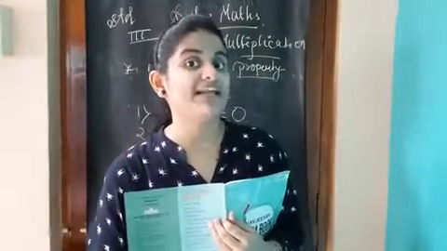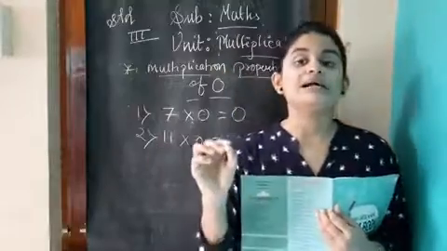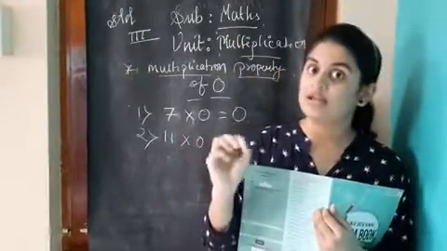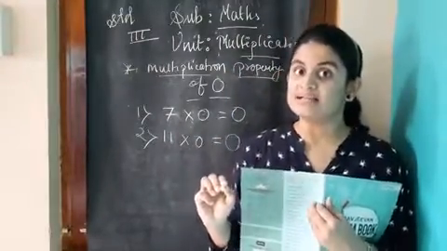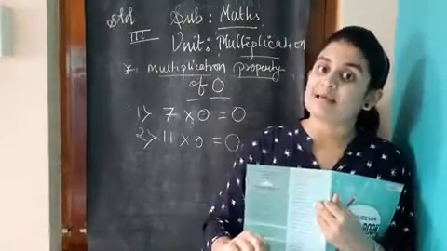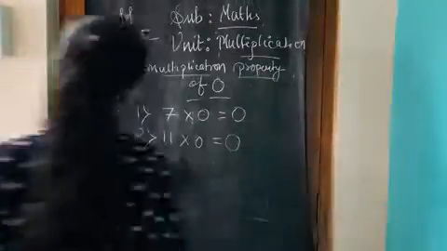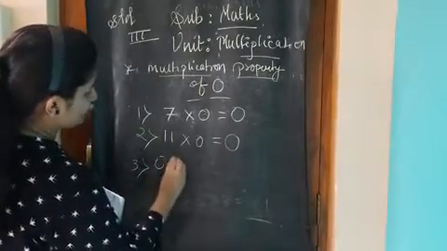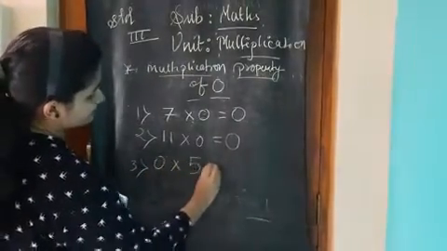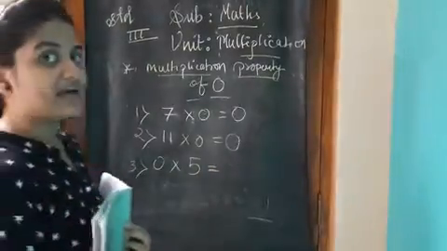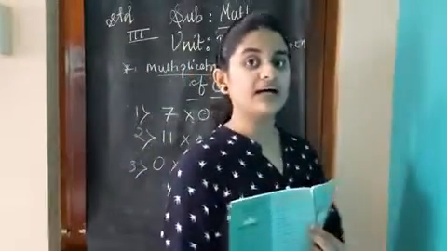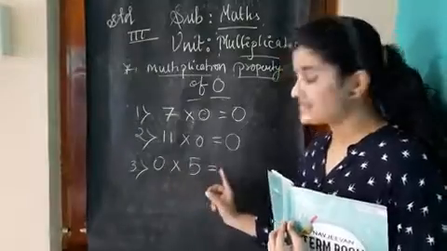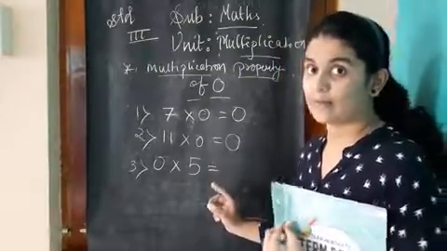And this property is known as multiplication property of 0. Let us see one more example. 0 into 5. अब मुझे कौन बताएगा इसका आंसर क्या आएगा? 0 5s are 0.